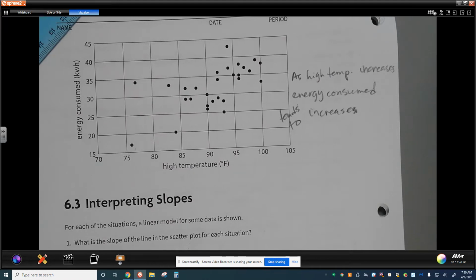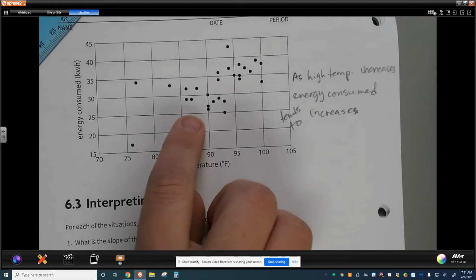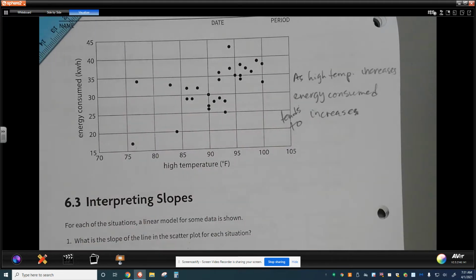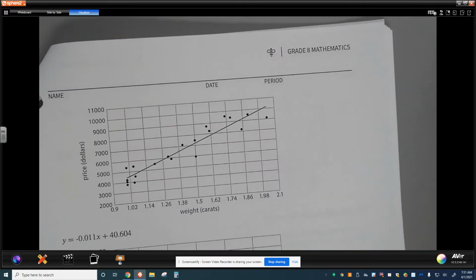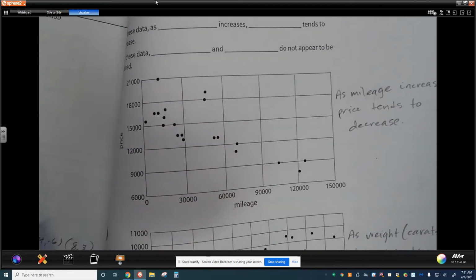You might notice some associations between the high temperature and energy consumed that are more variable than other situations. This is what we would call a weaker correlation than the other graphs. The other ones are a little bit more direct and a little bit easier to tell that there is certainly a negative correlation here and a positive correlation here.